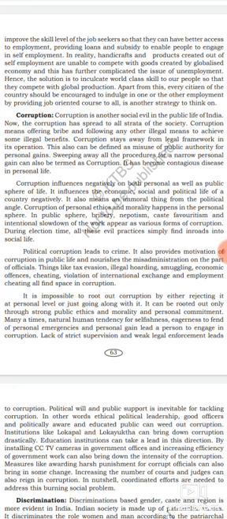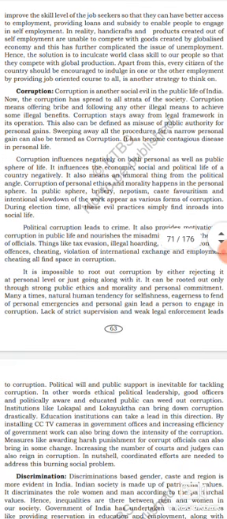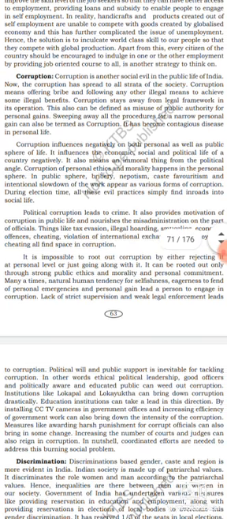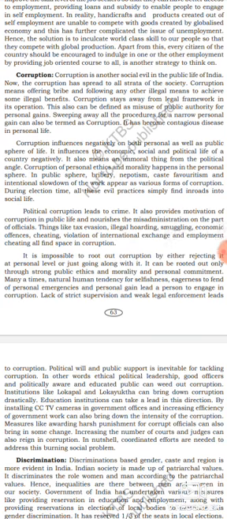Lack of strict supervision and weak legal enforcement leads to corruption. Got it? Political will and public support is inevitable for tackling corruption. In other words, ethical political leadership, good officers, and a politically aware and educated public can weed out corruption.